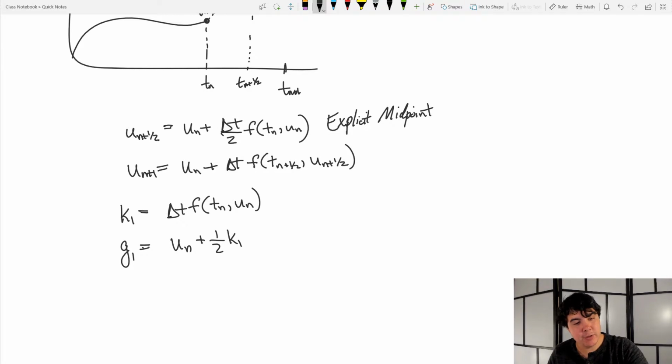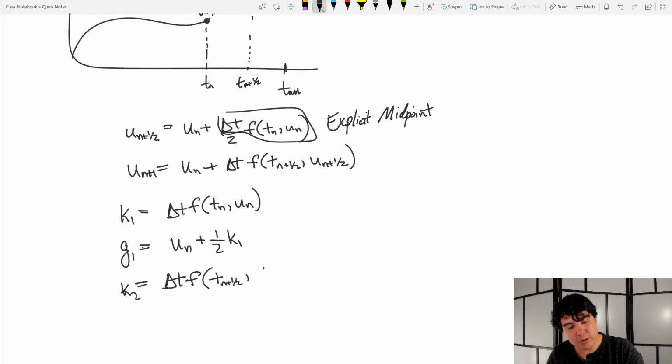And now the next function call is k2, which is delta t times f of t sub n plus 1/2, and this value right here, which is g sub 1.